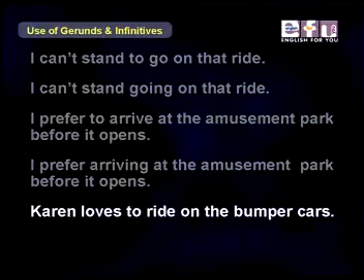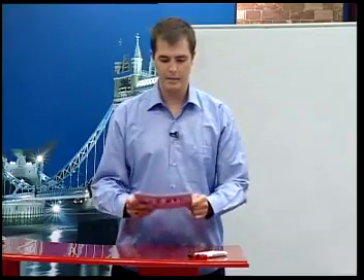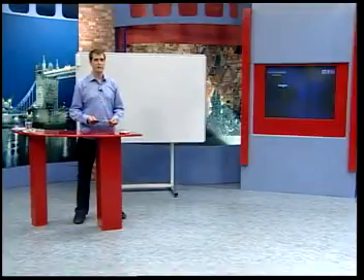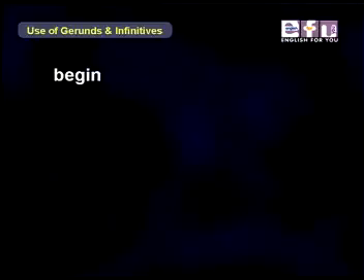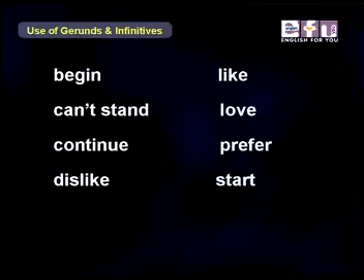Karen loves to ride on the bumper cars. Karen loves riding on the bumper cars. A gerund or an infinitive can follow some verbs with little or no difference in the meaning. Some examples of these verbs are begin, like, can't stand, love, continue, prefer, dislike, start, and hate.